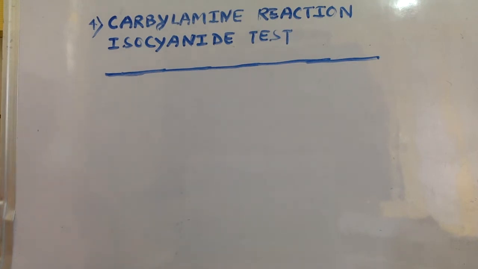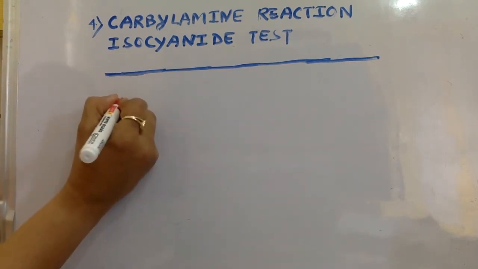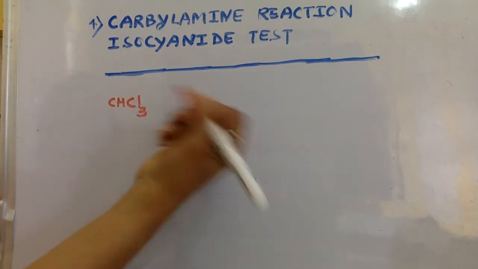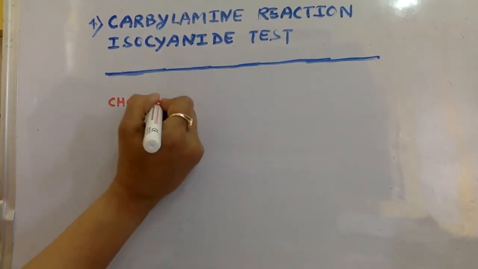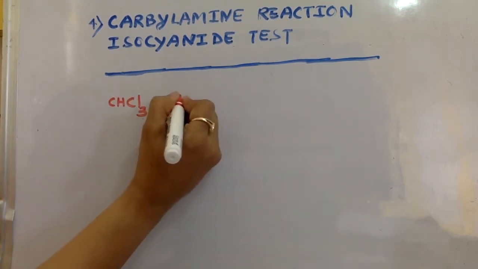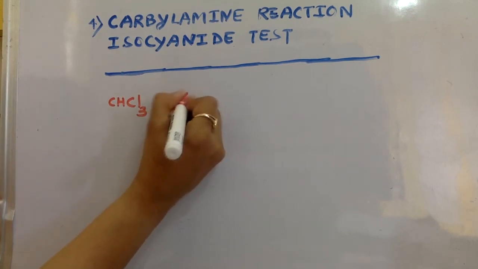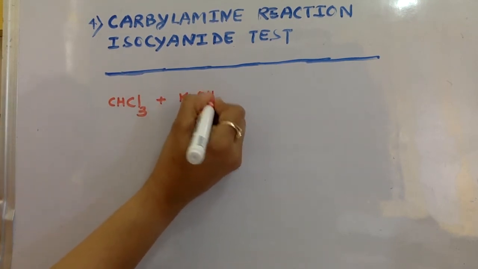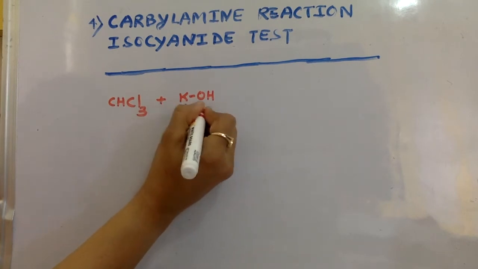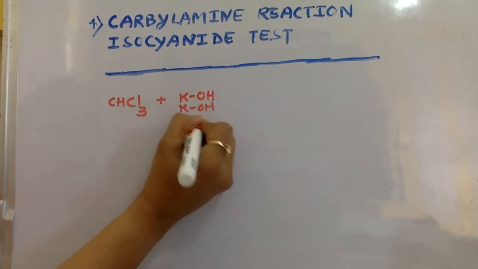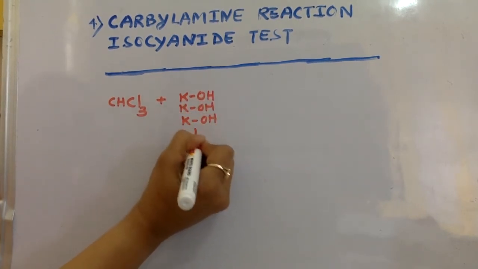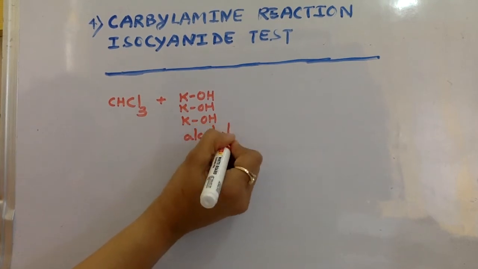In a carbylamine reaction, children, we need a molecule of chloroform, or we need any other haloform, like we can take iodoform. This is treated with alcoholic KOH. So for 3 chlorine, I am taking 3 KOH, but the KOH is not aqueous, it is alcoholic.